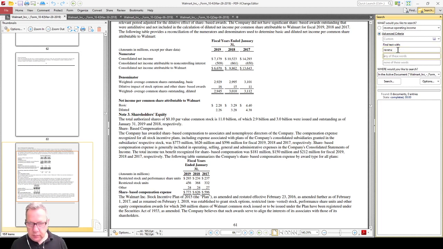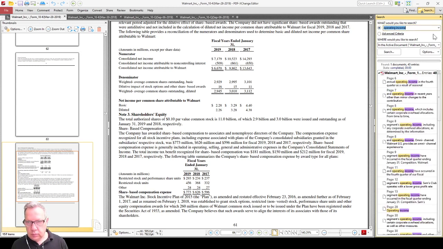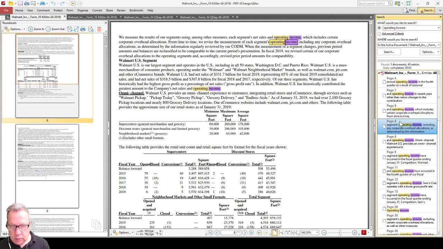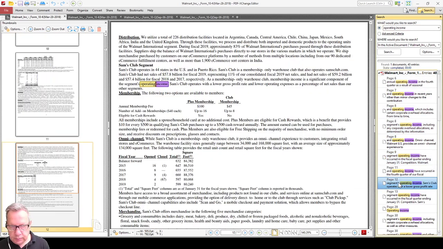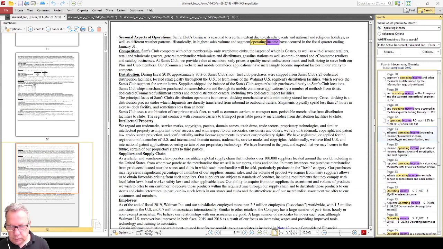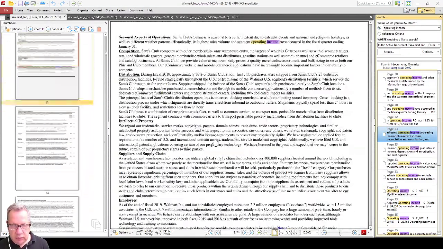What are you looking for here? Revenue? Or you spelled revenue wrong. I'm just looking for their damn income statement.